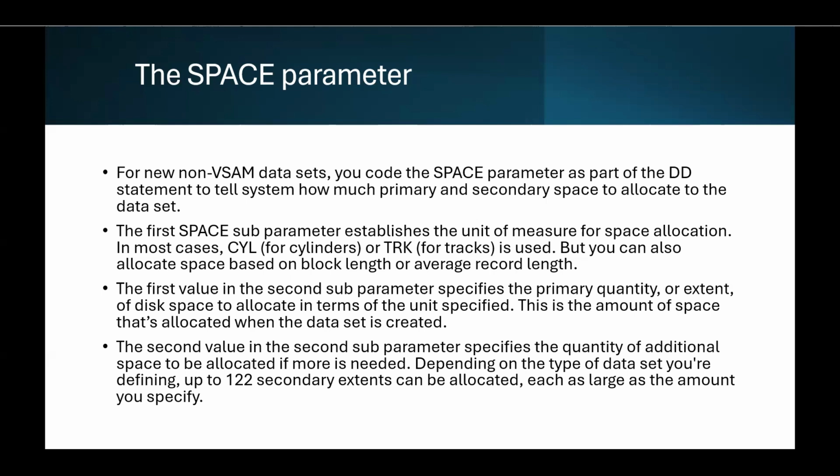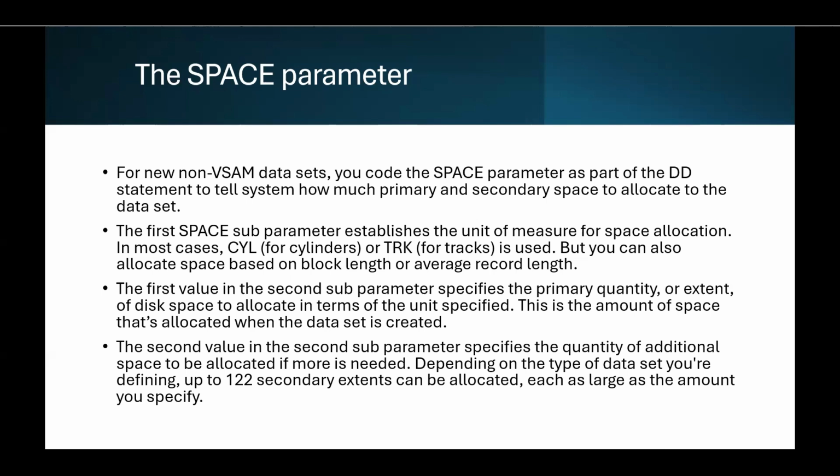The second value in the second parameter specifies the quantity of additional space to be allocated if more is needed. Depending on the type of dataset you have defined, up to 122 secondary extents can be allocated, each as large as the amount you specify.